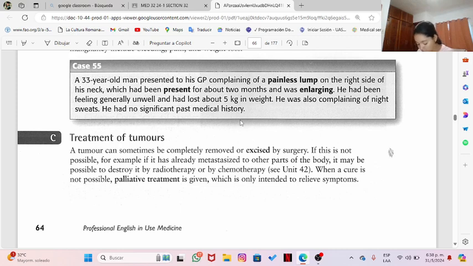He had been feeling generally unwell and had lost about 5 kilograms in weight. He was also complaining of night sweats. He had no significant past medical history.